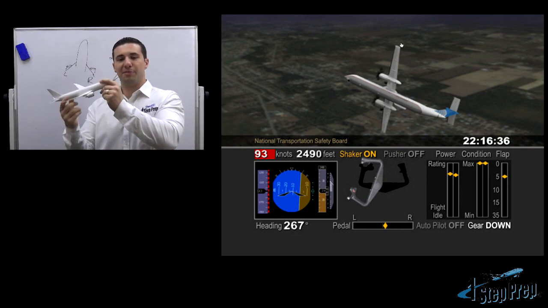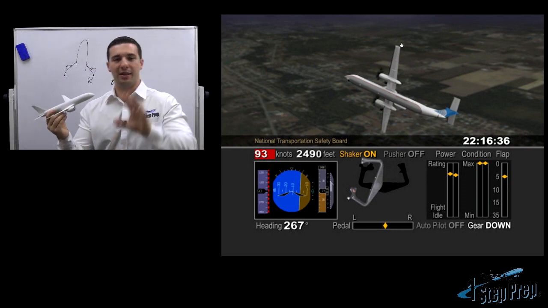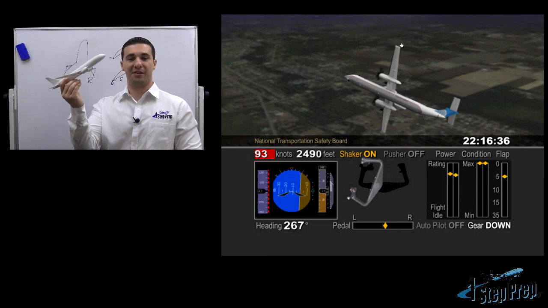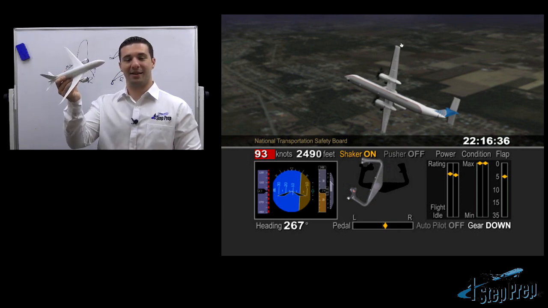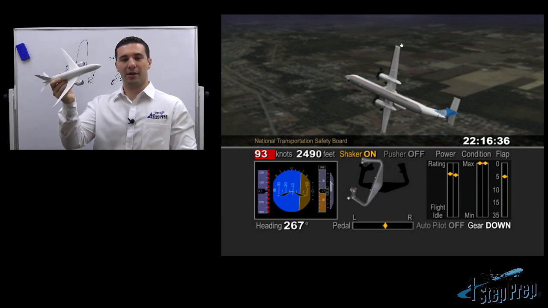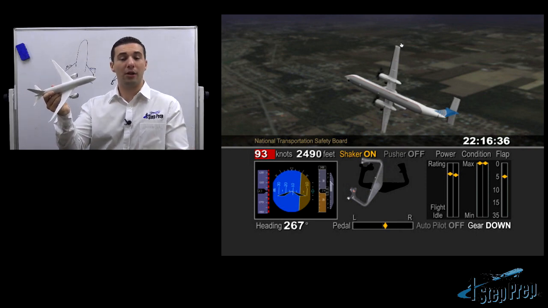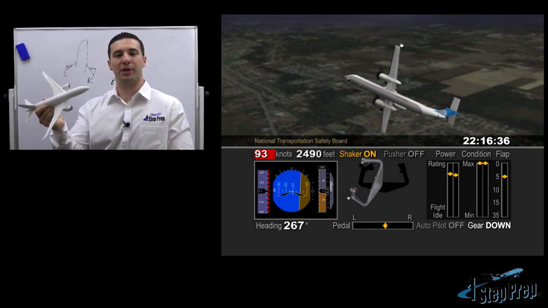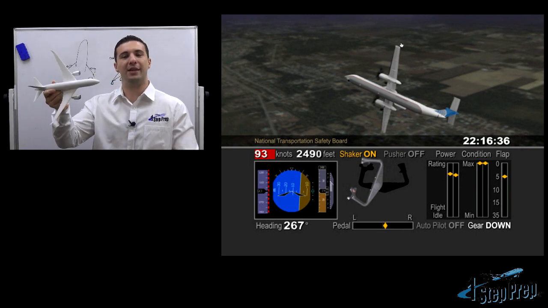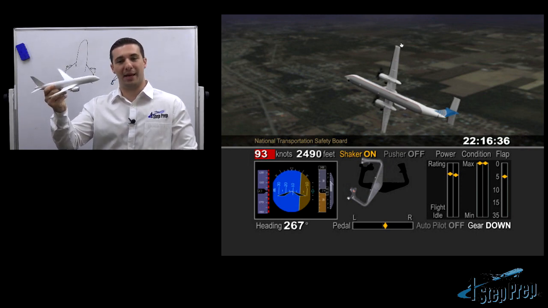Now, in this particular scenario, what you are seeing in this image is that they are in fact stalled. They end up rolling right, and to recover, left aileron was the input. You can see this input here on the control column. Now, left aileron may appear to be the proper recovery because, of course, if I'm rolling right, the intuitive thing would be to command left aileron.